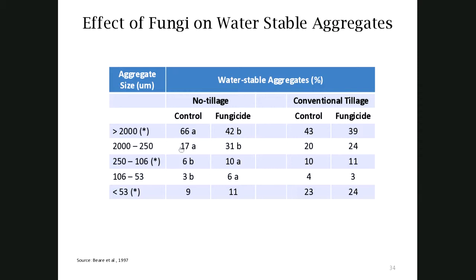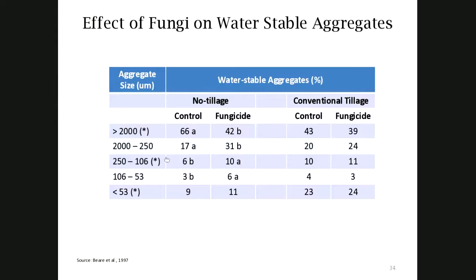On the left column here, we have aggregate size, going from bigger aggregates down to small. Then what these researchers did was that they had a control for their soil measurements, and then they had the same tillage, and they applied fungicide to eliminate the fungi, kind of isolating the impact of the fungi on water stable aggregates.